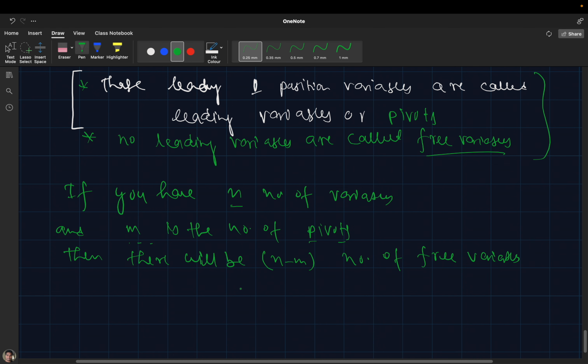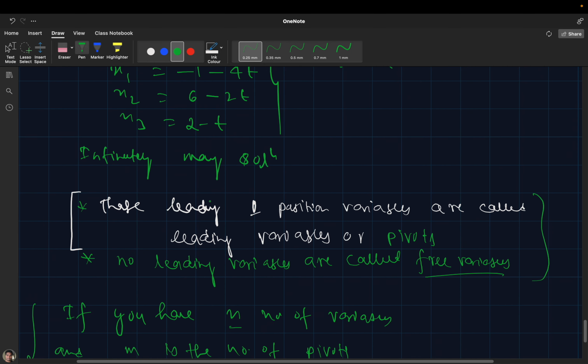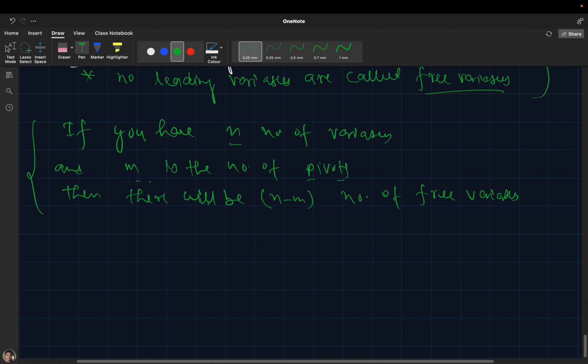Okay, is it fine? So here you can see that the leading ones are the pivots, and the remaining variables are free variables, which means that you can put any arbitrary real number.